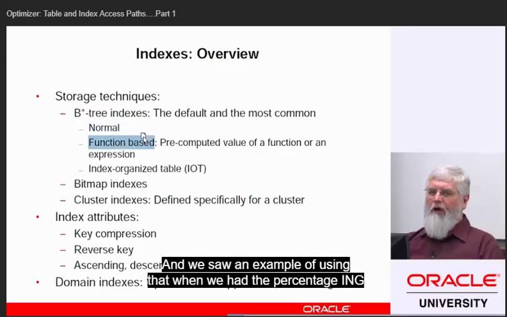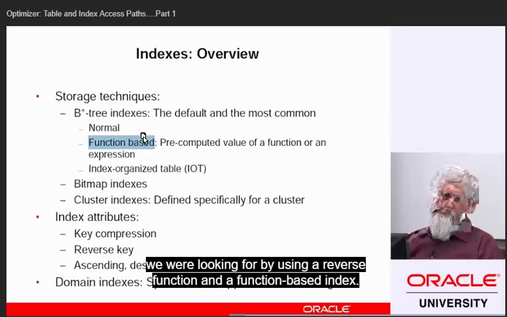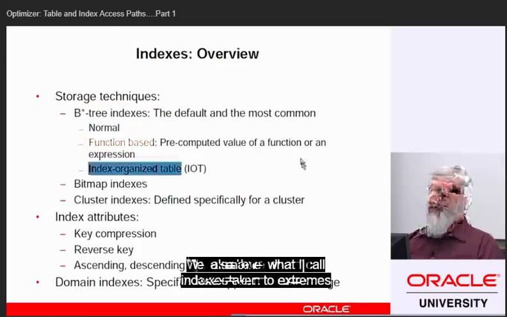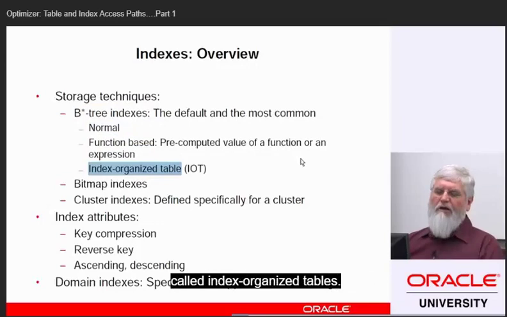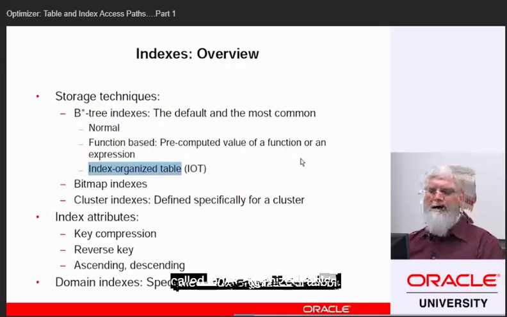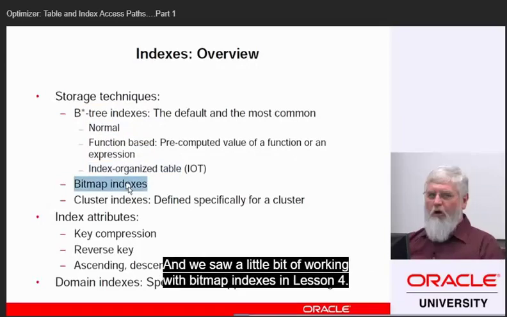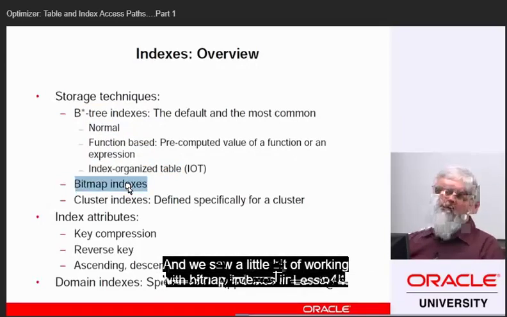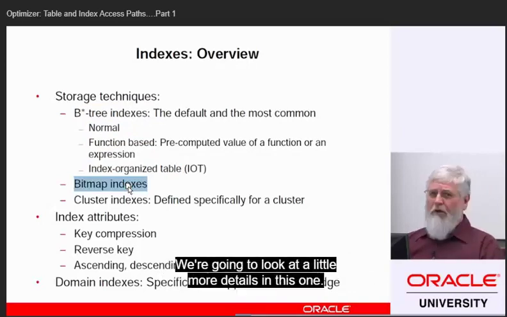We also have what I call indexes taken to extremes, called index organized tables. We also have the bitmap indexes, and we saw a little bit of working with bitmap indexes in lesson 4. We're going to look at a little more detail in this one. And we also have clustered indexes that are used for clustered tables of a particular type.